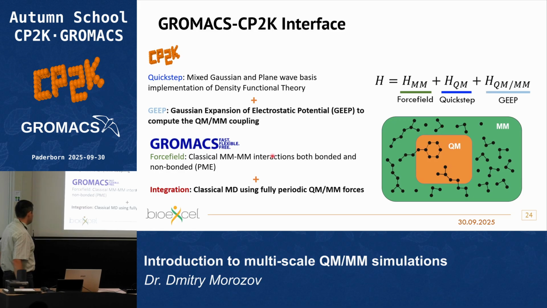And you have GROMACS, which has a force field, which is needed to calculate interactions between the MM particles. GROMACS is also very good for doing classical MD and all kinds of sampling approaches, which are very well developed in GROMACS.